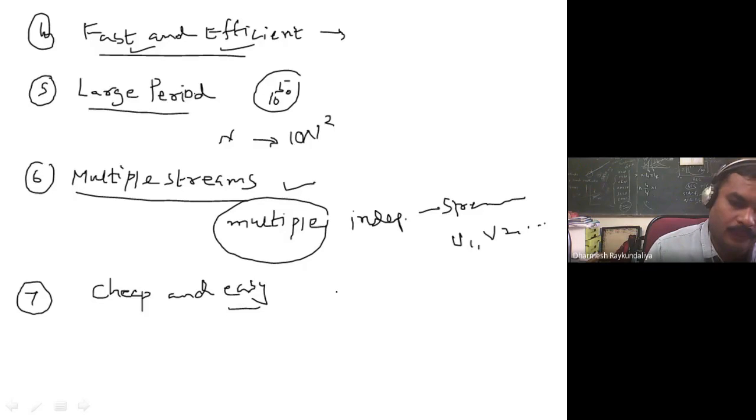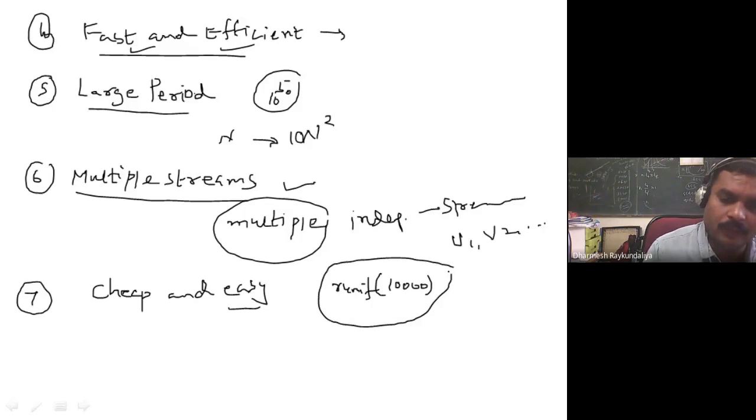For example, if you are using runif in R language, and you give 10,000, in a fraction of a second it will generate 10,000 random numbers from a uniform distribution on 0 to 1. And it is very cheap. It does not require a high amount of memory, etc.